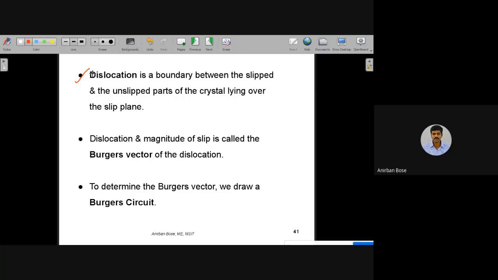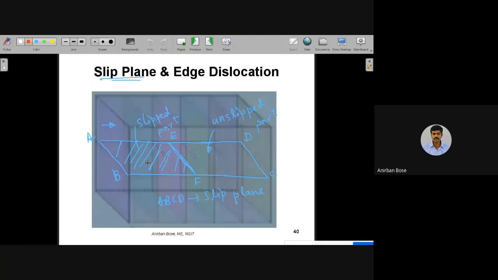Okay. The next point is the direction and magnitude of slip, which is called the Burger vector of the dislocation. Okay, so we'll see what the Burger vector is. It is basically the magnitude of slip. We have just seen, in the example, that the upper part of the crystal is given a small push, and because of that the atoms moved by a small distance.